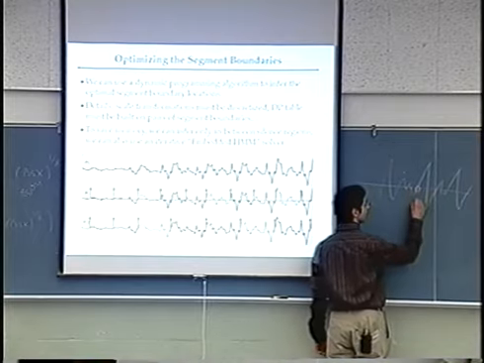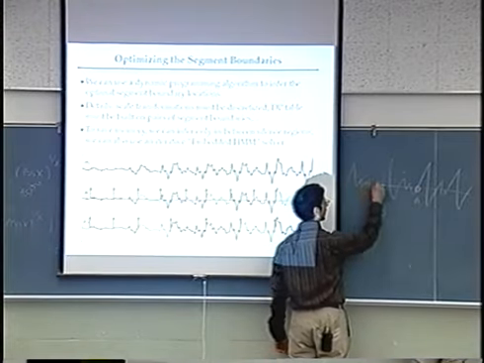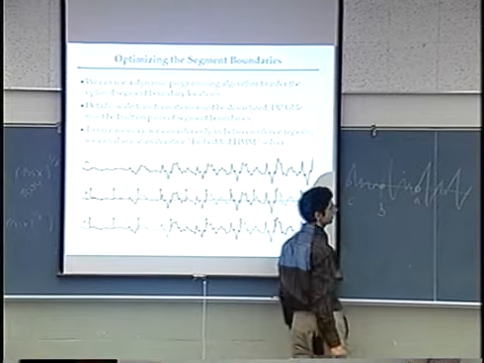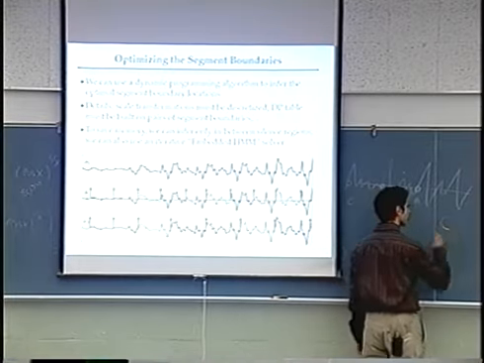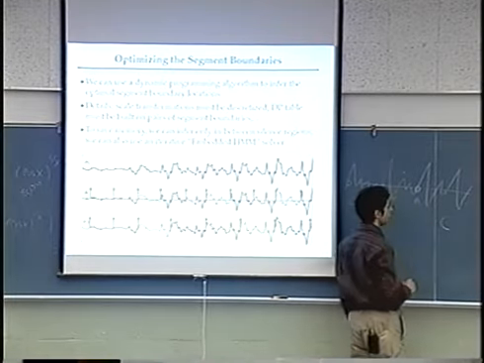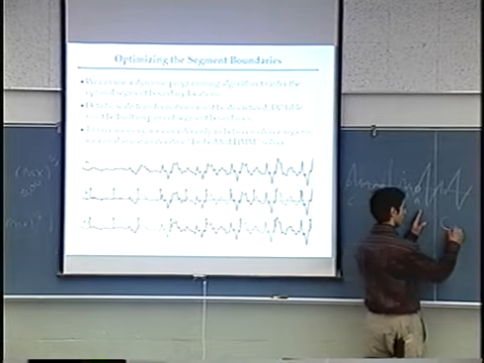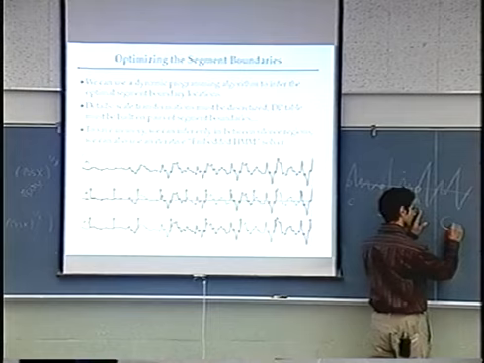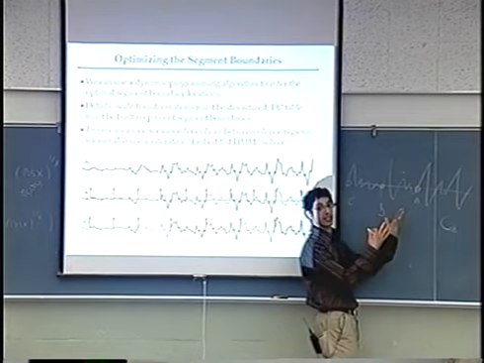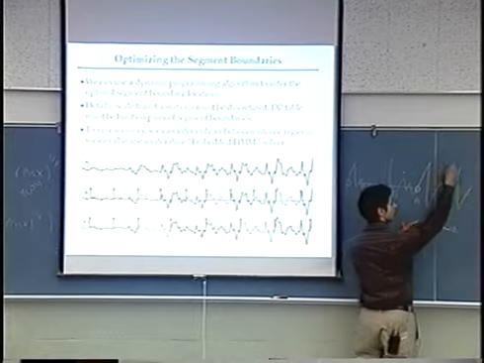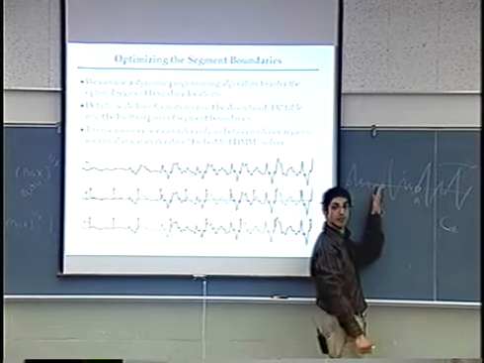Let's say that this is A, this is B, and you're looking for some segment C here. The dynamic programming table you build holds the cost of the best segmentation with A and B.